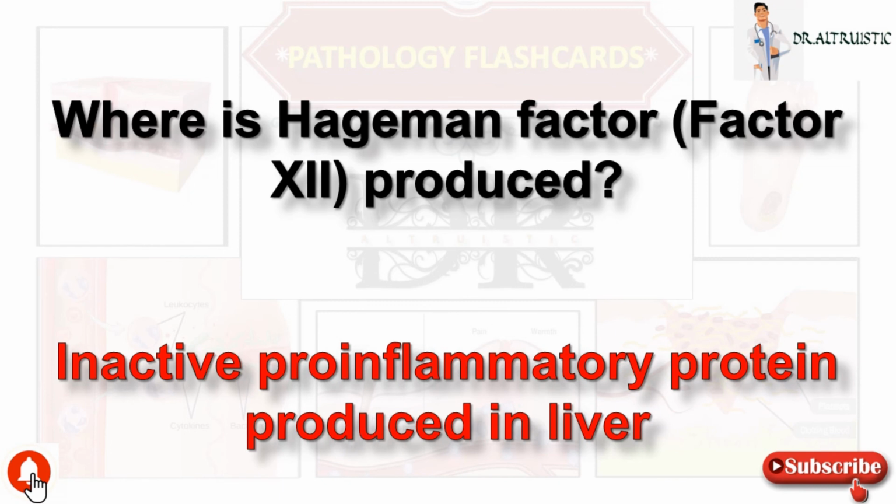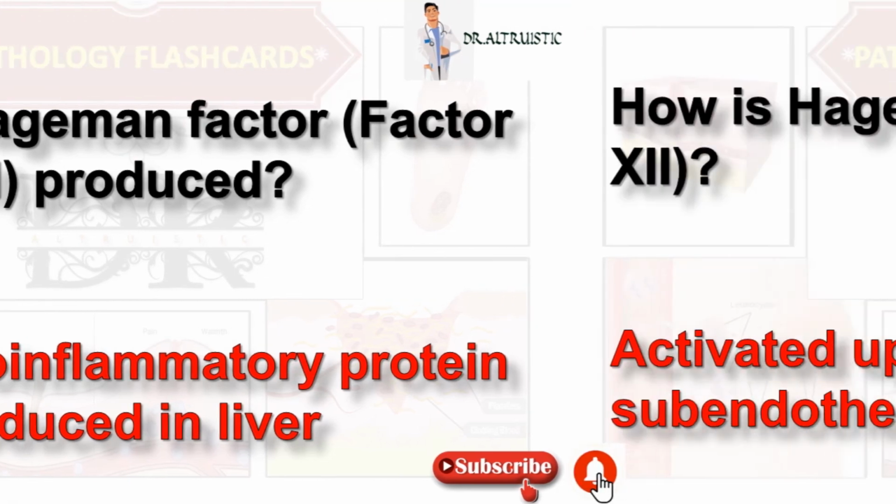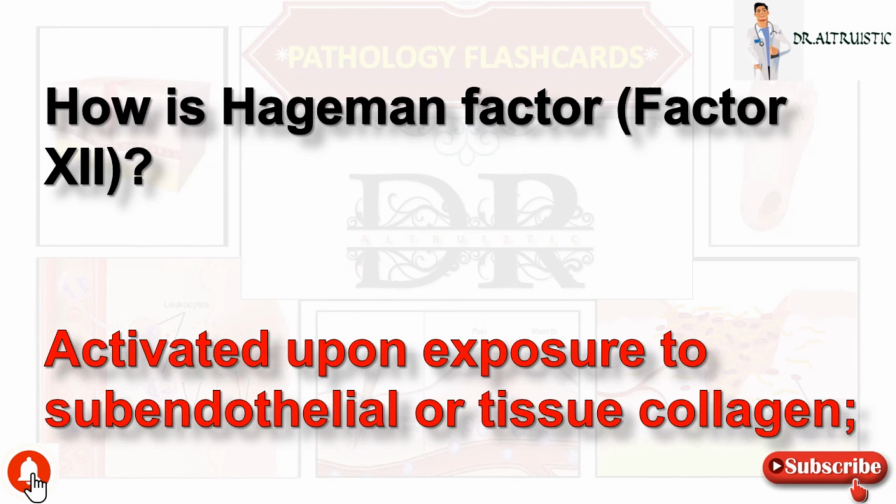Where is Hageman factor, factor 12, produced? It is an inactive pro-inflammatory protein produced in the liver. How is it activated? Upon exposure to subendothelial or tissue collagen.